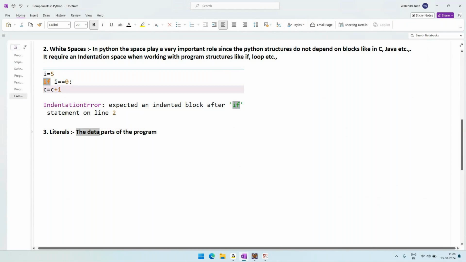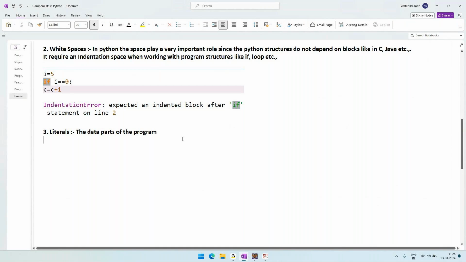So data parts and enti, so we are making the data, so we are working with the data. So data paina work cheyali. So data paina work cheyali ante what I require literals. So literals are nothing but the data parts of the program.